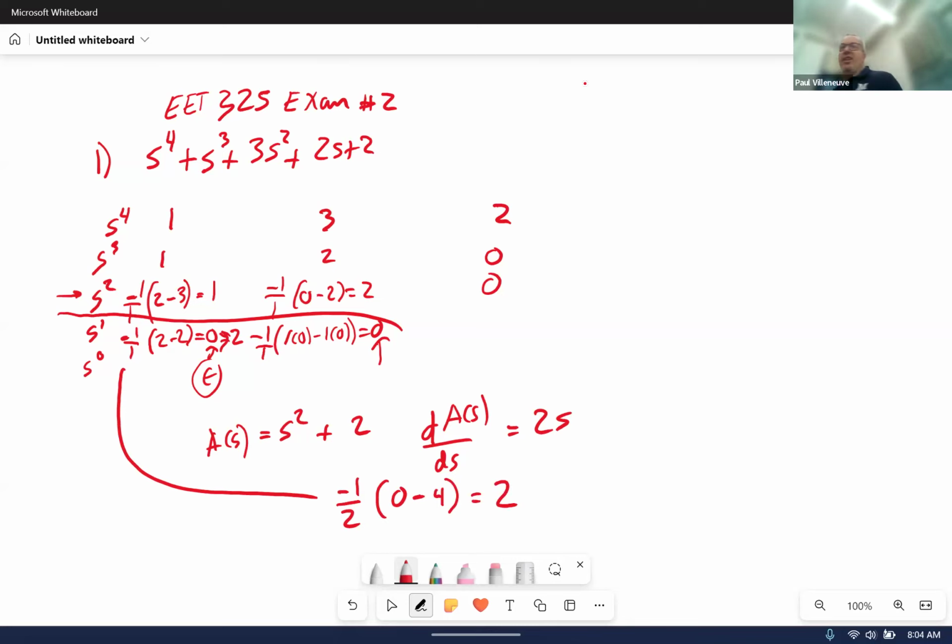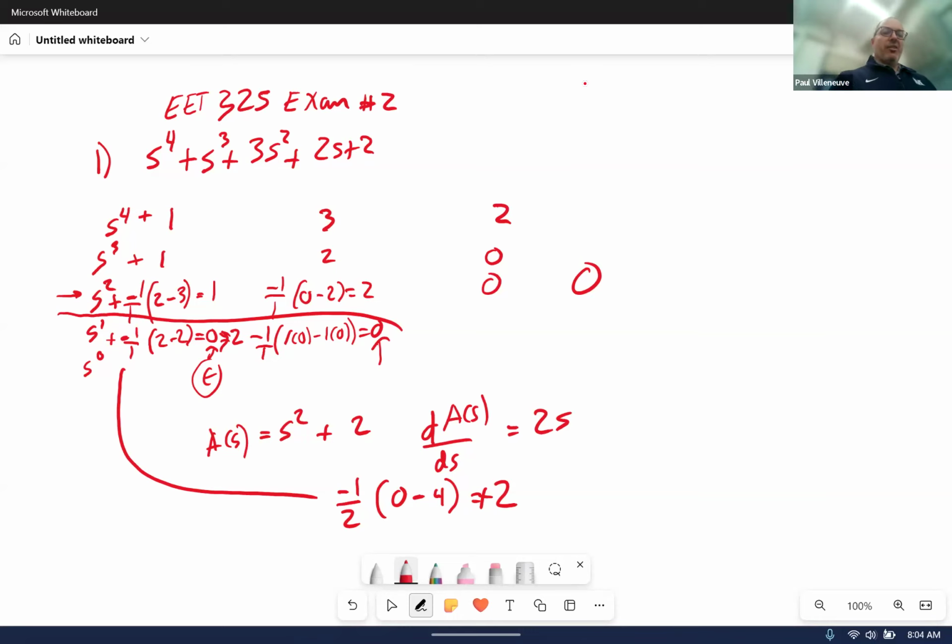And so now the question is, how many poles in the right-hand half plane? Well, how many sign changes? Positive, positive, positive, positive, and positive. So there are 0 sign changes, which means there are 0 poles in the right-hand half plane.